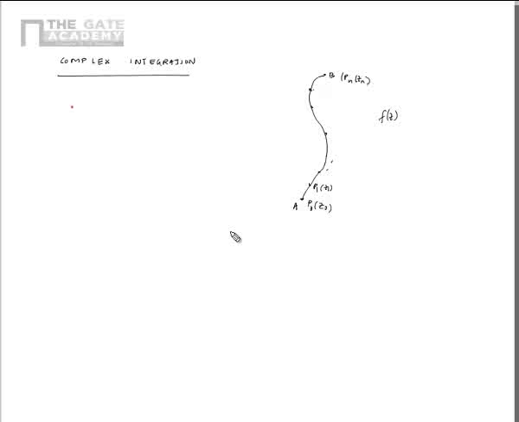Now let's call delta zi be zi minus z(i minus 1), and zeta i be any point on the arc P(i minus 1) Pi. So let's say this is i minus 1 and this is i.